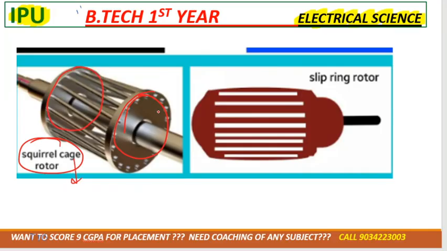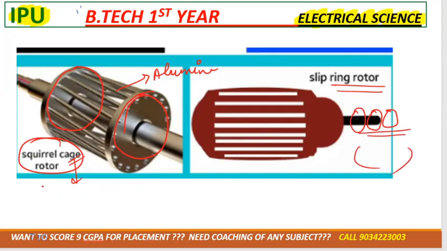These two rings are attached with the windings, and these windings are mainly made of aluminum bars. In the slip ring rotor we will have three slip rings, but the squirrel cage won't have slip rings. In the slip ring rotor we can attach the external resistance, but in the squirrel cage we don't have any option of connecting the external resistance.